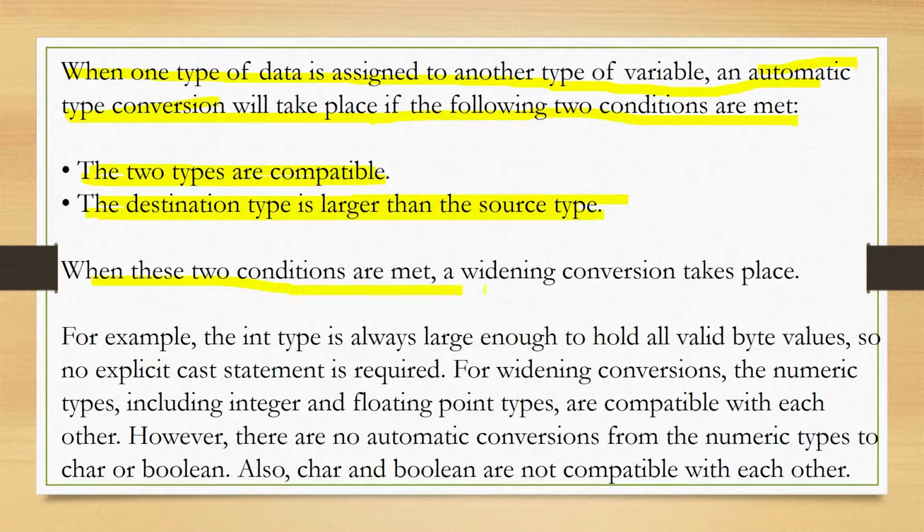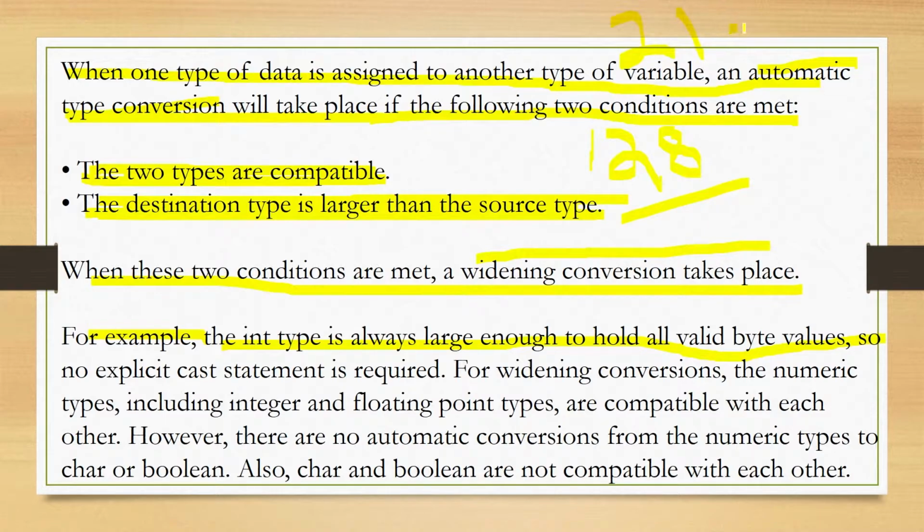So when these two conditions are met, widening conversion will take place, because the destination is bigger than the source. So obviously widening will happen. For example, the int type is always large enough to hold all valid byte values. We know that the range of byte is -128 to 127, and the range of int is far bigger.